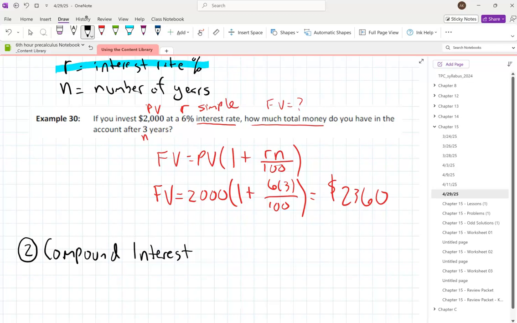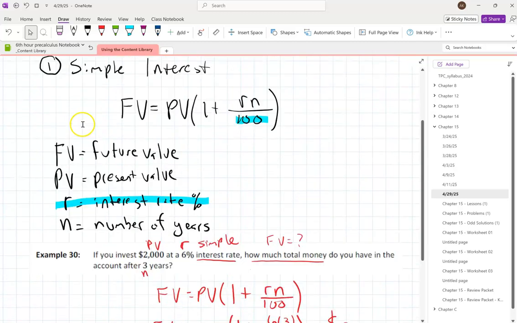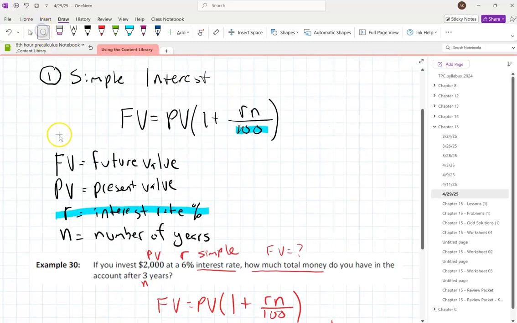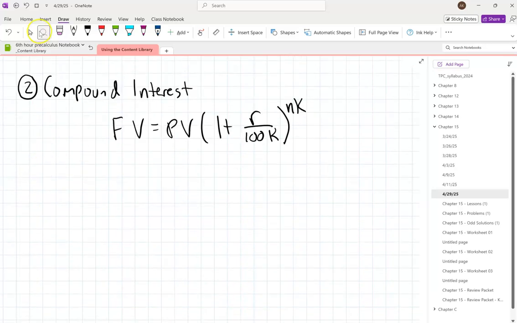So our compound interest formula. I noticed that almost all of those variables are the same, except we have one extra there.